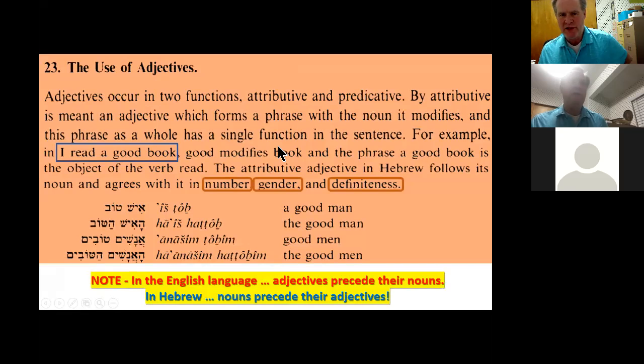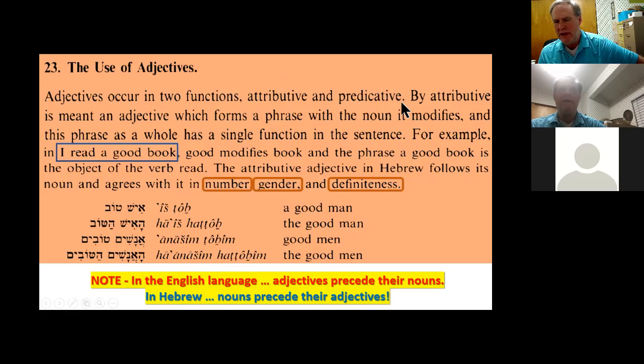Okay, so now we're down to adjectives, and adjectives again describe things. The first sentence here says adjectives occur in two functions, attributive and predicative, and those are correct, but what does that mean? Well, attributive means it's talking about attributes of somebody or something. So there's no verbs to it.